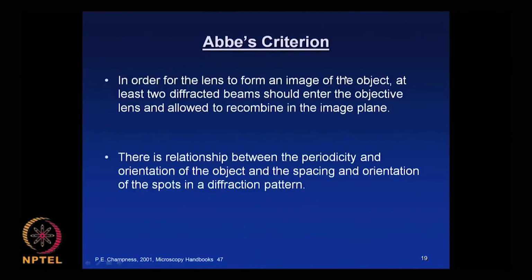And then we will now look at the criterion for the image formation. Whatever we have just seen in the previous slide, we will see whether this obeys Abbe's criterion. In order for the lens to form an image of an object, at least two diffracted beams should enter the objective lens and be allowed to recombine in the image plane.